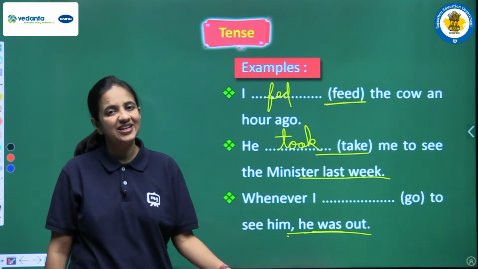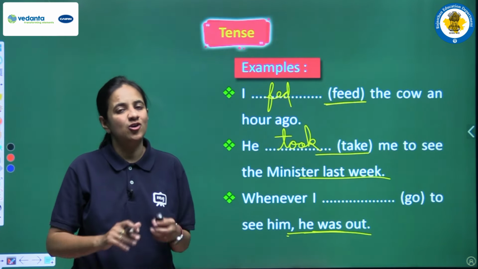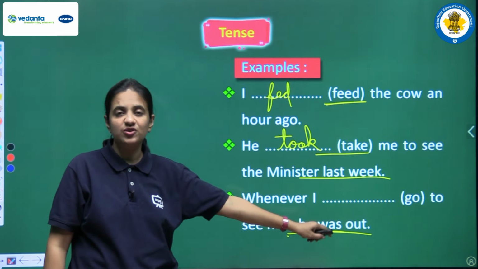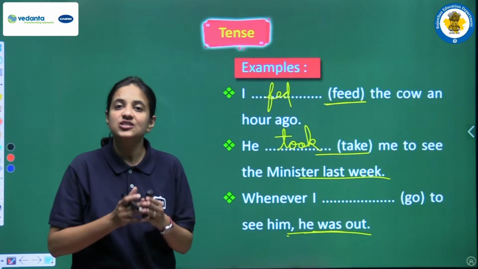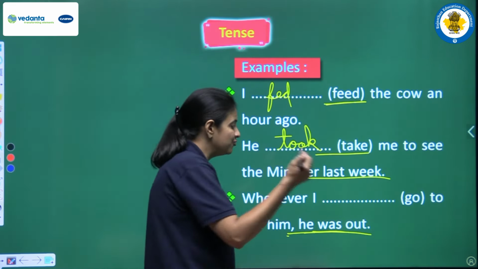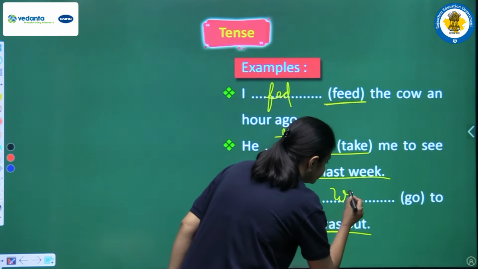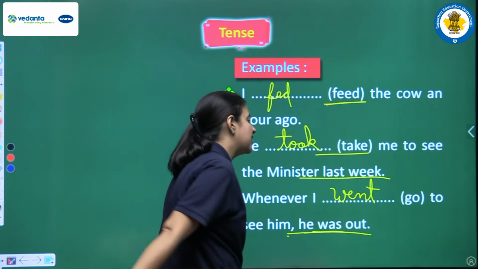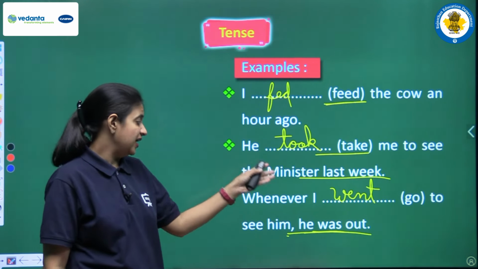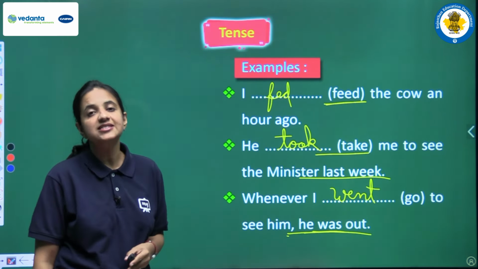It's a positive sentence. So one thing is clear, that we won't write did, it will be hidden, and we have to write the second form of the verb that is given to us, which is go. So we will convert go to the second form, and the second form of go is went. So we will write went here, and the sentence will be, whenever I went to see him, he was out.